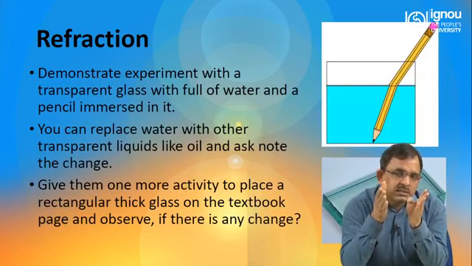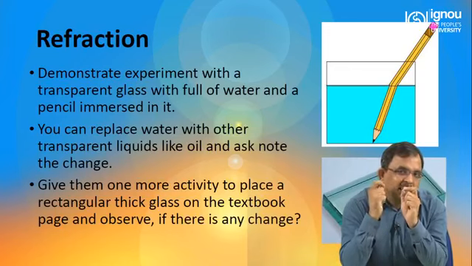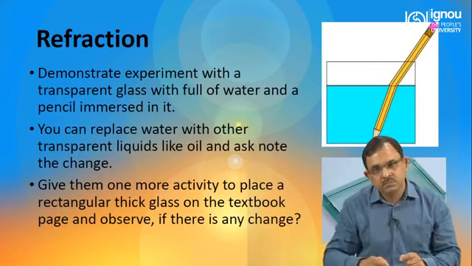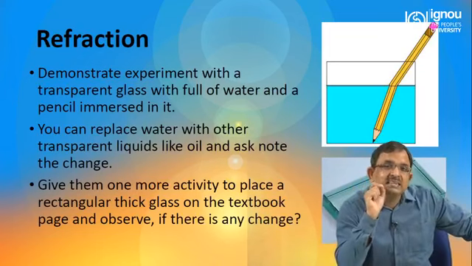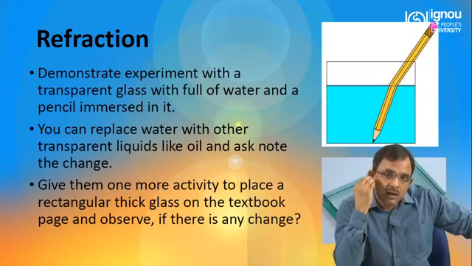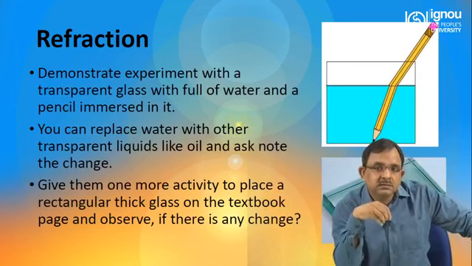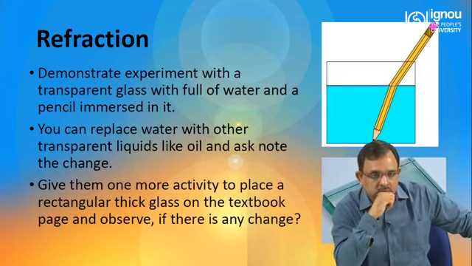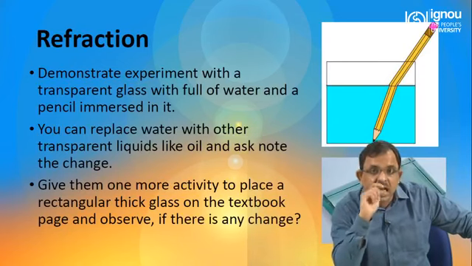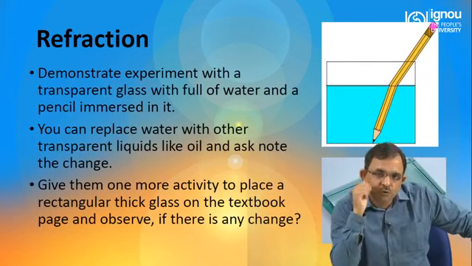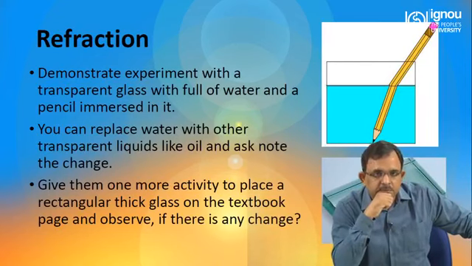And then you ask them, if they are putting the pencil at the same angle, are they noticing that the tilt in the pencil which is dipped in the liquid is the same or different? They will definitely tell you it is different. The angle is different for each medium where the pencil is dipped.